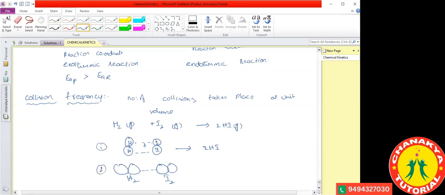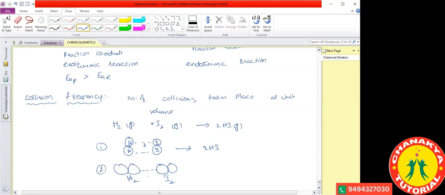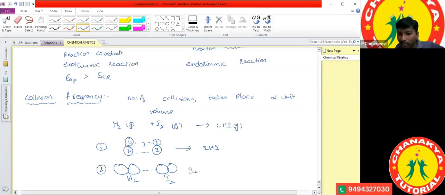Second one is improper. So this one is the proper direction. Proper direction means the number of product molecules increases. Then only can we call it an effective collision. The number of effective collisions increases, and the formation of products also increases.